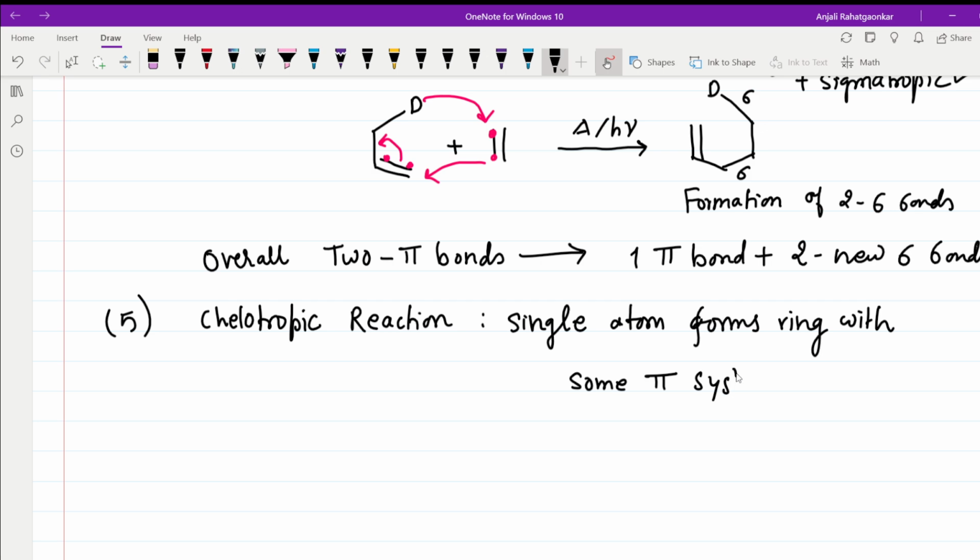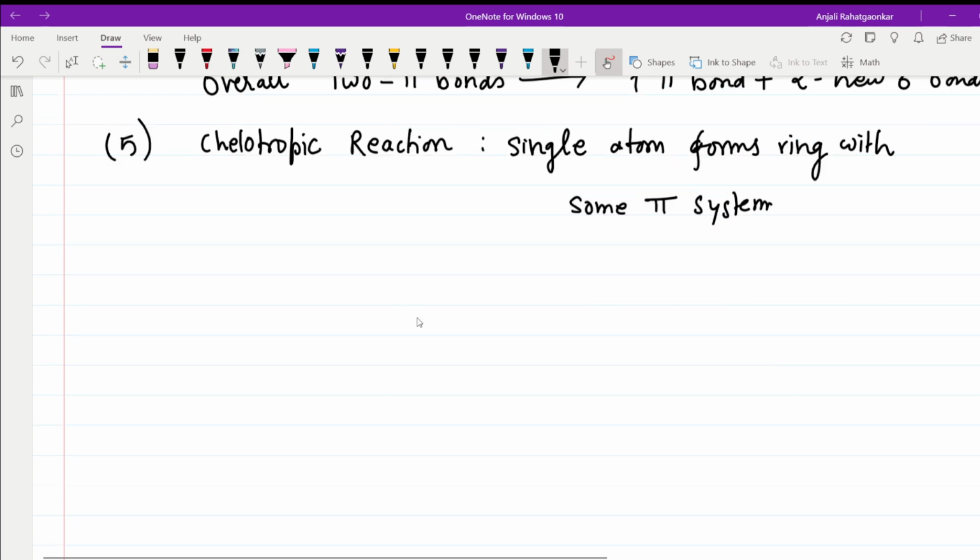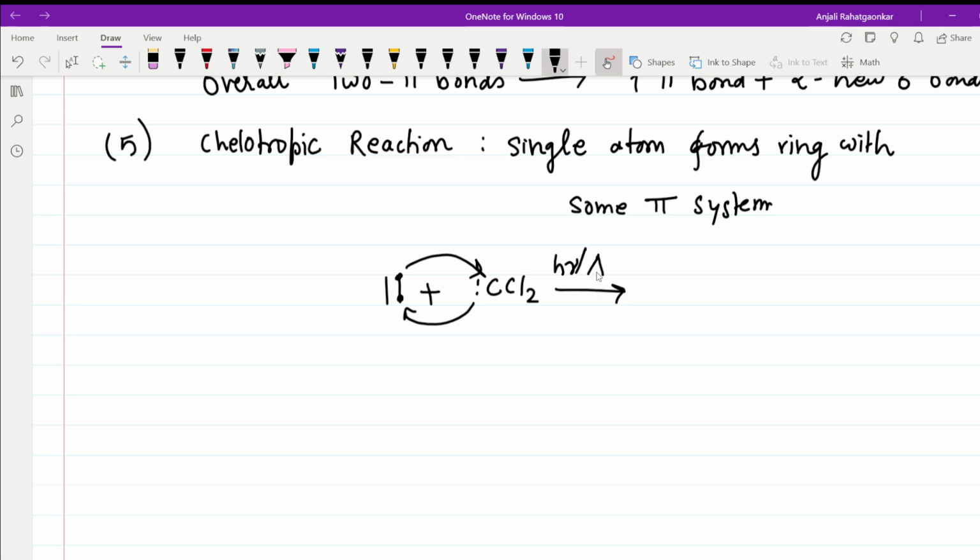Let us see the example. What is the example? Now here I have shown you the carbene. Now these are the 2 electrons. So one will move over here, one will move over here, and it is going to form a cheletropic reaction. So a 3-membered ring will be formed.